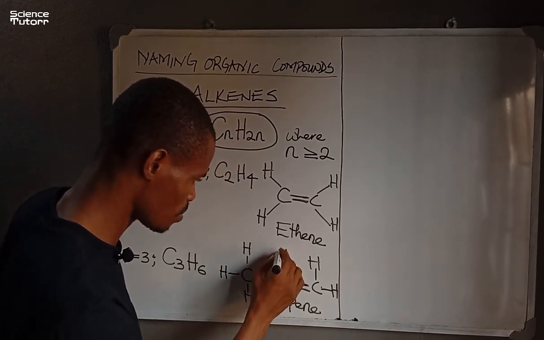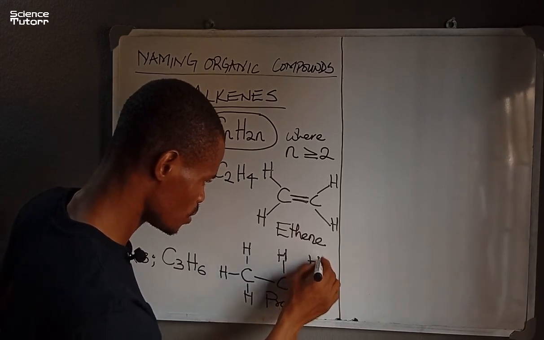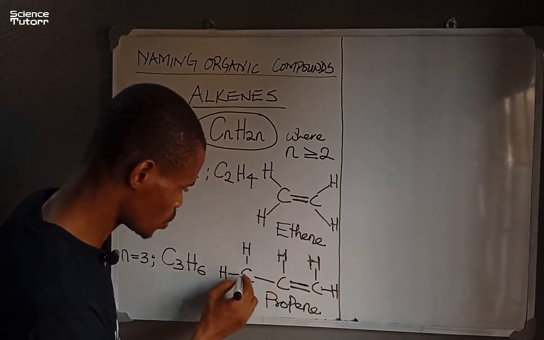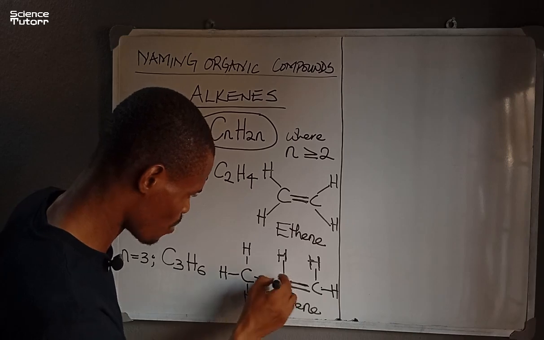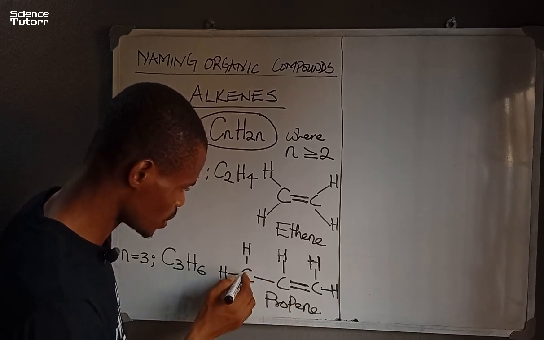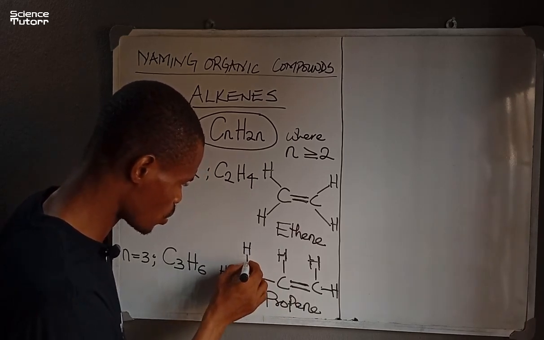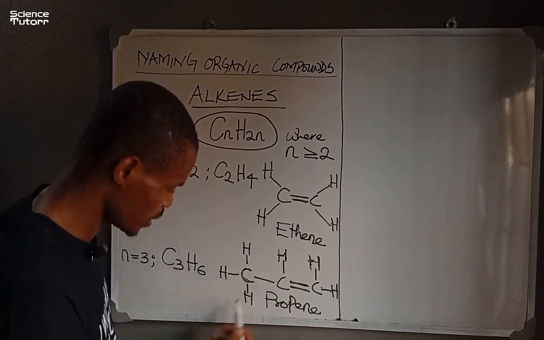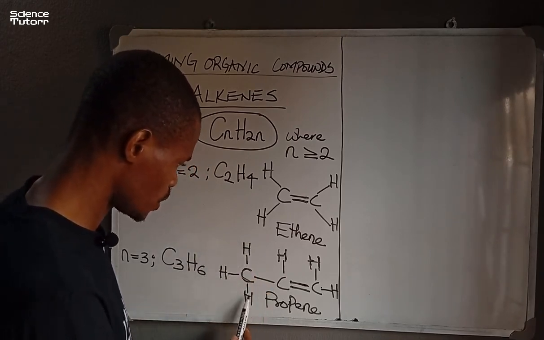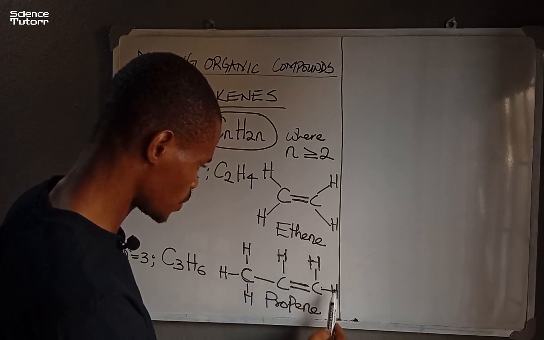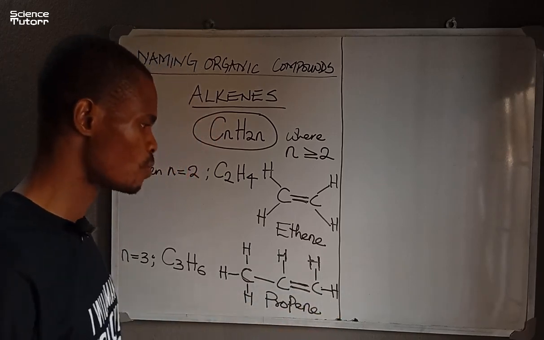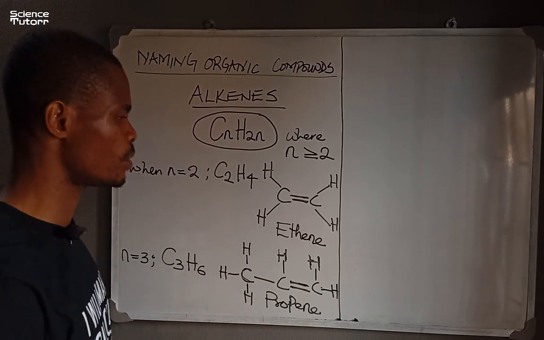But in this case, we simply have just H in one part, while this is attached to a carbon to carbon single bond. So for that reason, this carbon is alone. We simply bond by 3 hydrogen, 1, 2, 3, making 1, 2, 3, 4, 5, 6. This is how to draw the compound propene.